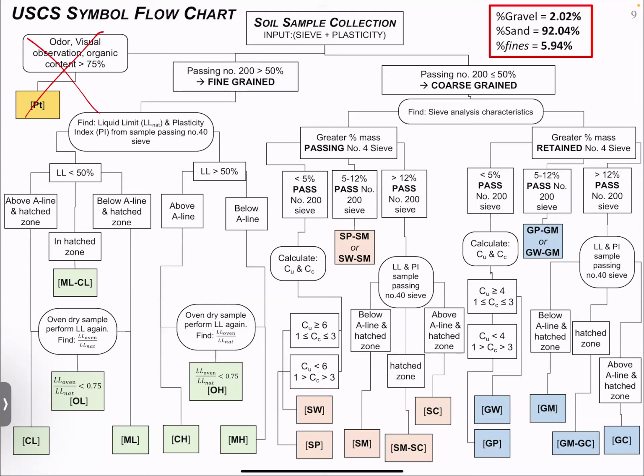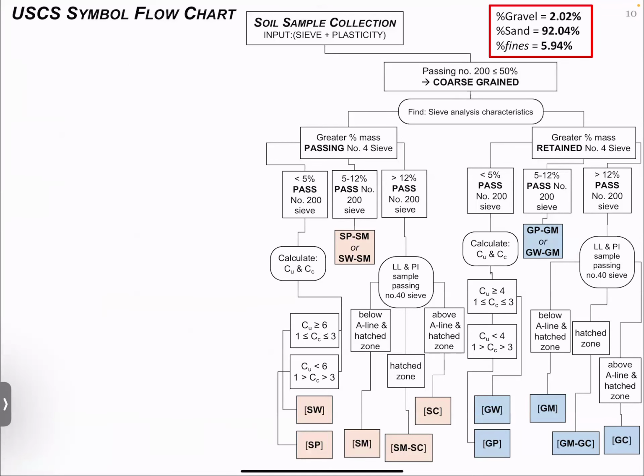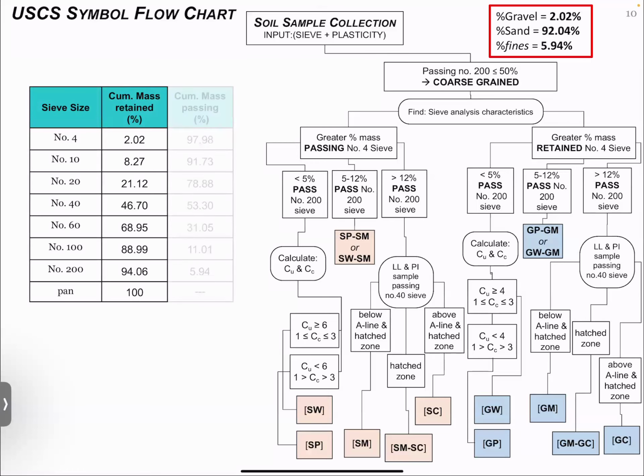Then we have less than 50% passing our 200 sieve, so that means we're going to be a coarse-grained soil. Looking at which is greater, passing number 4 or retained on number 4, obviously 92 versus 2, so more is passing number 4.